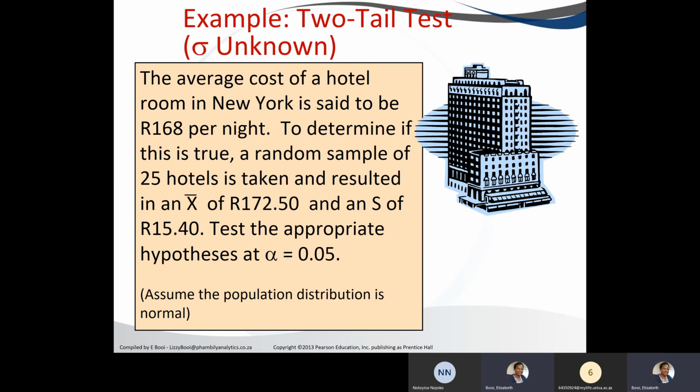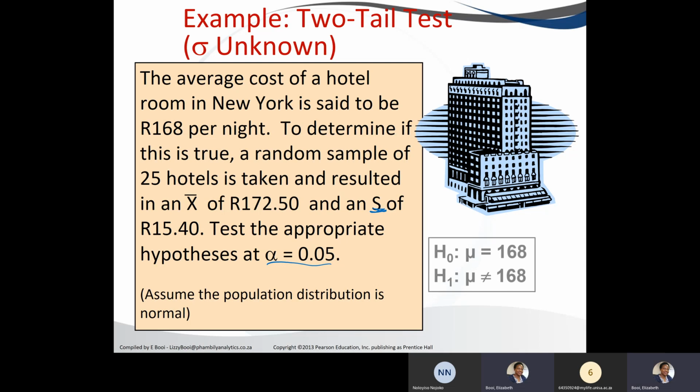If the average cost of a hotel room in New York is $168 per night, and a random sample of these hotels was taken with a mean of 172 and a standard deviation of 15.40. So they give S, which means they give us the sample standard deviation. We need to test at alpha 0.05.